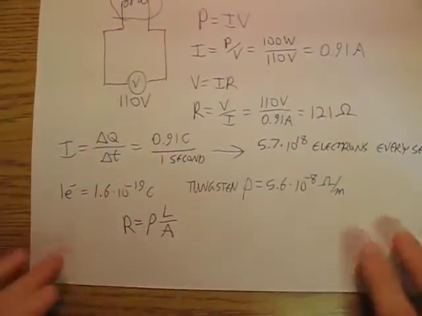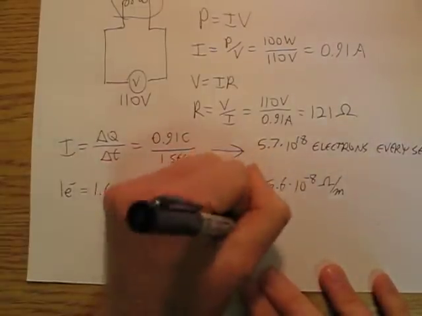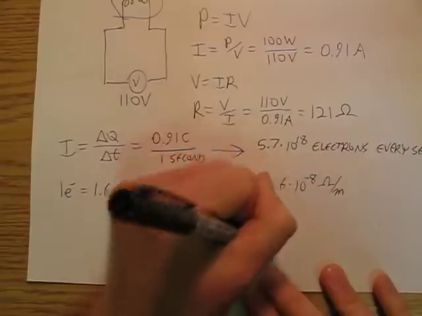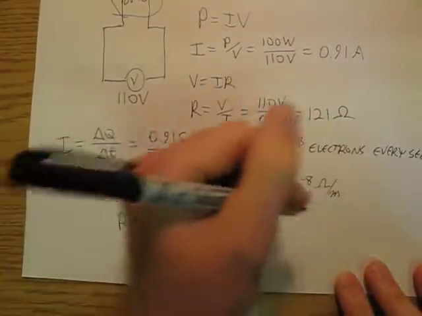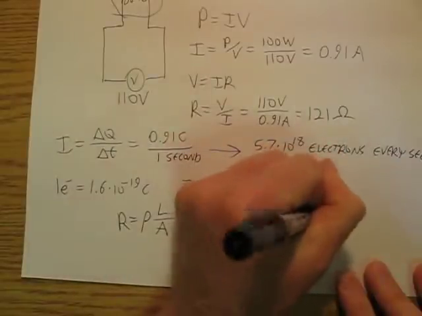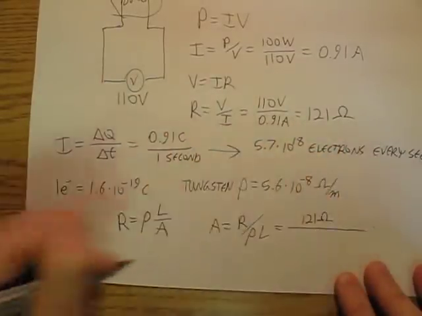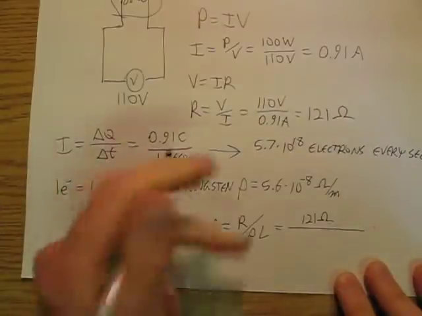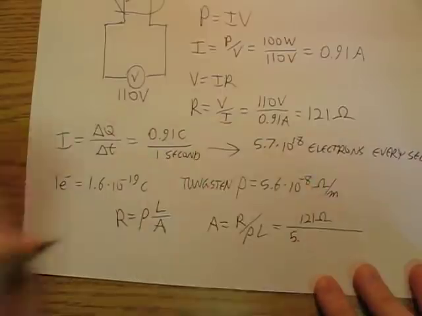So our L is 4 centimeters. So our A is going to be R divided by rho L, 121 ohms divided by our rho, which is going to be 5.